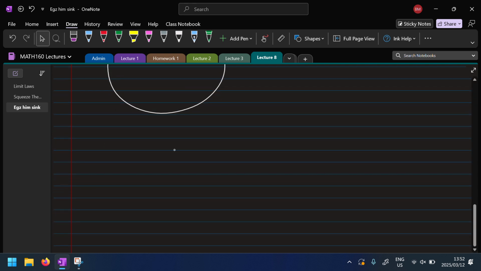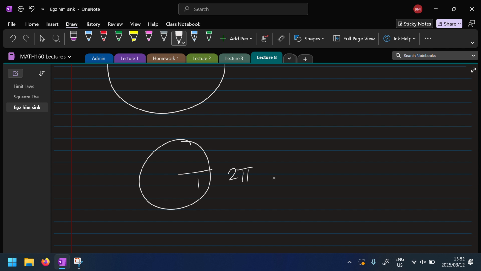Going all the way around, that's going to be 2 pi. So 2 pi, that's going to be equivalent to 360 degrees.